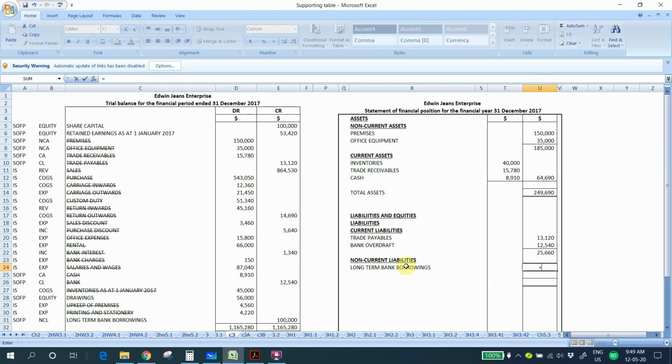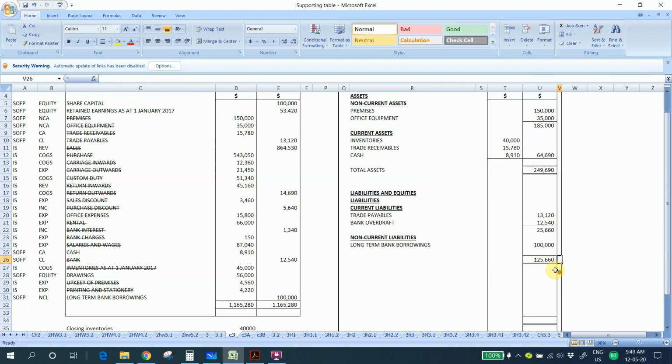So 100,000. Your total liability, $125,660. And then the next section, so we strike through this amount first.